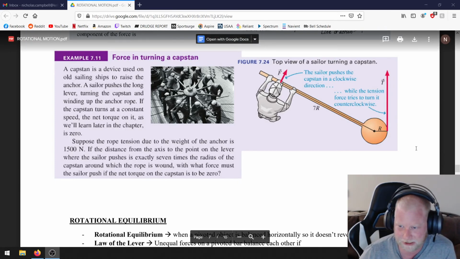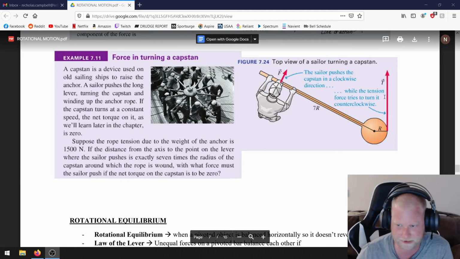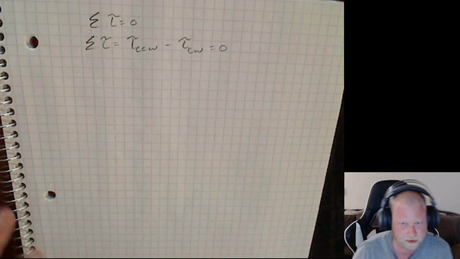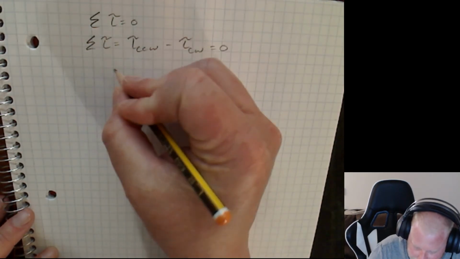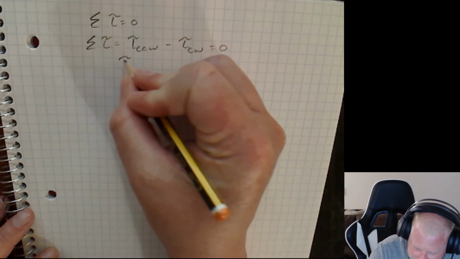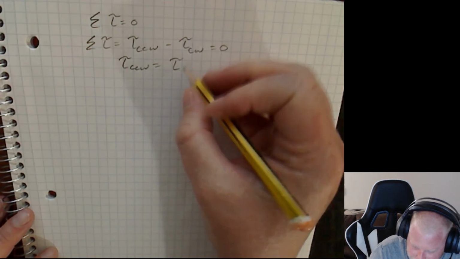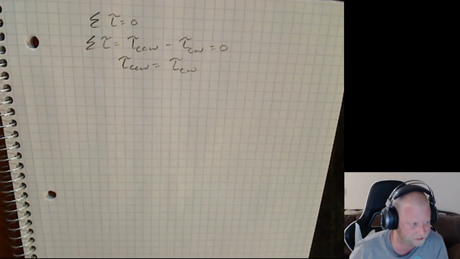And the tension force, due to the weight of the anchor itself, would be the counterclockwise, the positive torque. So if we go through this equation, your net counterclockwise torque is equal to your net clockwise torque.